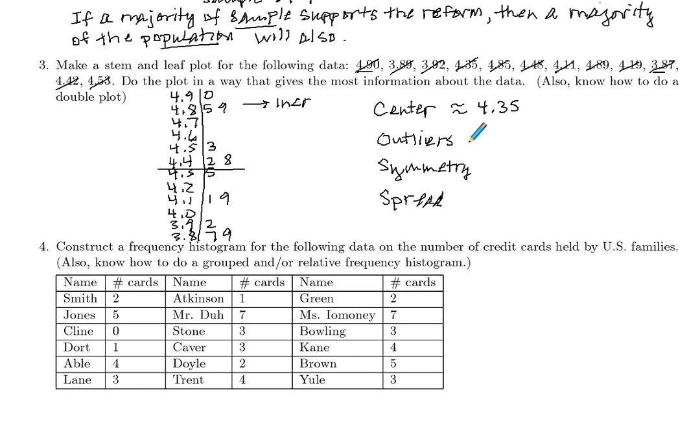Outliers would be things that are away from the rest of the data. Now we do have some small gaps here, but we've got a big gap here where we jump from 4.53 up to 4.85. So I think these guys up here we could definitely consider to be outliers.